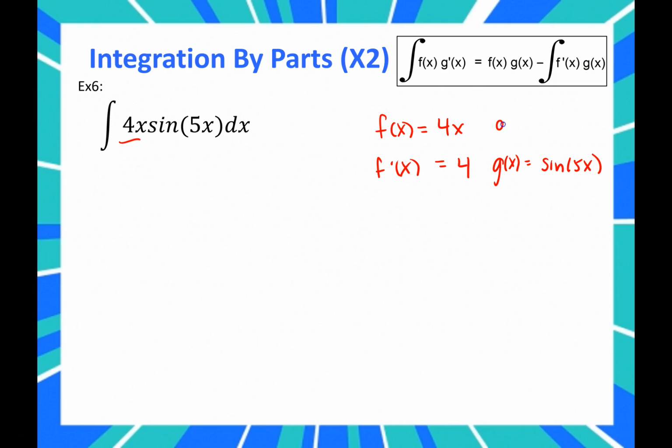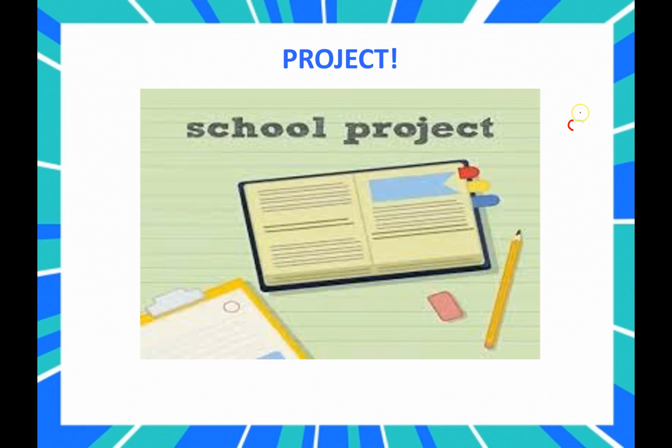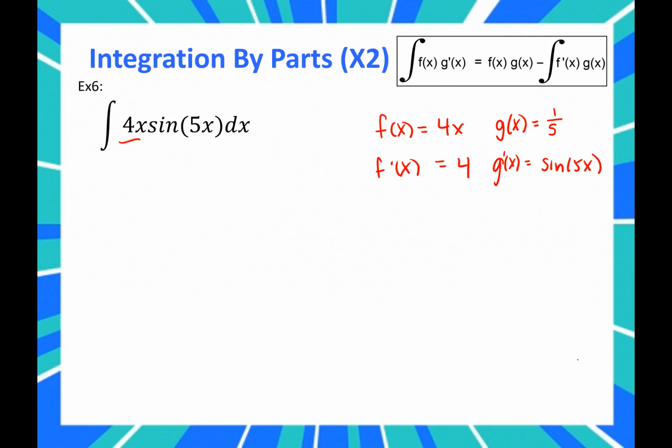And my g of x, I have to integrate. This is just like that e to the 2x problem. Because of the chain rule, this is going to be a 1/5 cosine of 5x, and then I realized that it actually has to be a negative.